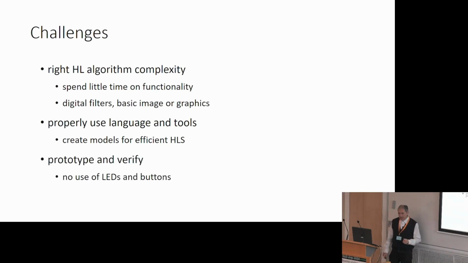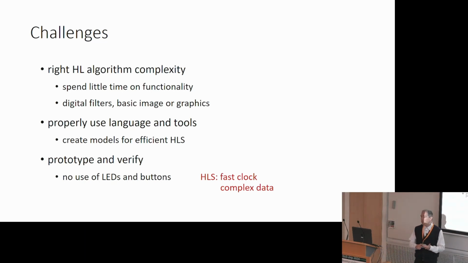And the third one is how to prototype and verify, because we cannot do things the way we do traditionally. We cannot use LEDs and buttons. Why? Because our designs, by high-level synthesis, typically have a fast clock and complex data. If they don't, we don't need high-level synthesis in the first place.